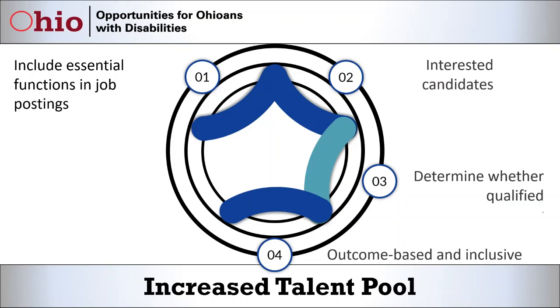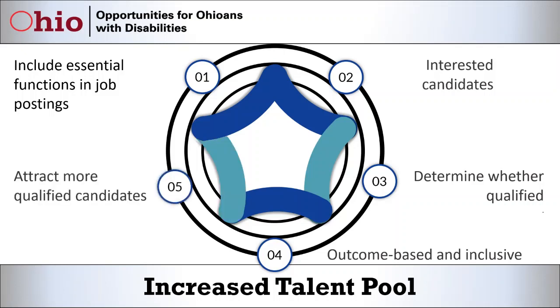Also, when essential functions are written this way, it can send a message to the candidate that you are a disability inclusive employer, which may further encourage qualified candidates with disabilities to apply. So both reasons can lead to attracting more qualified candidates to consider for your open positions.